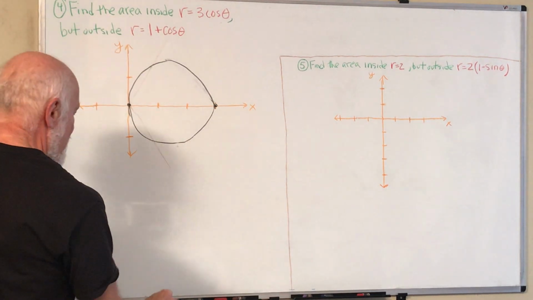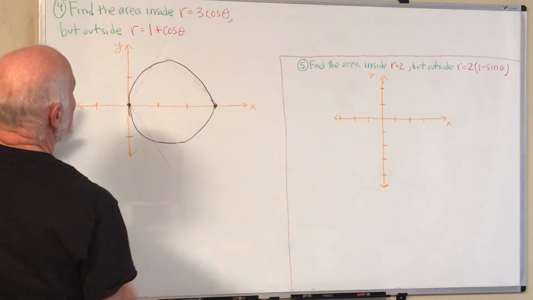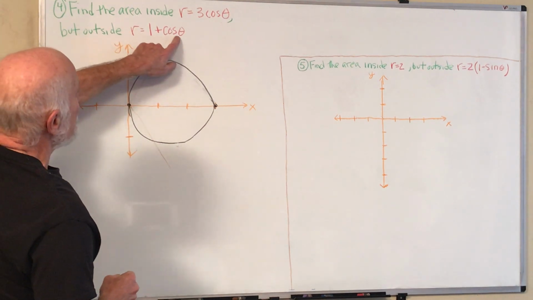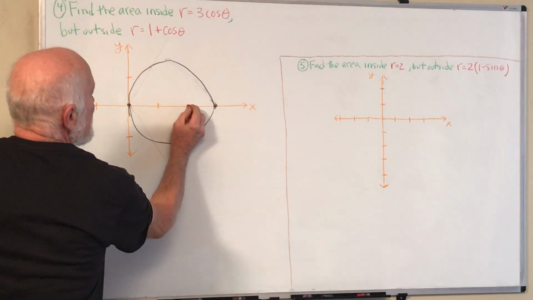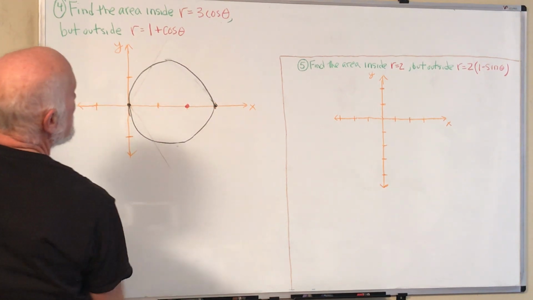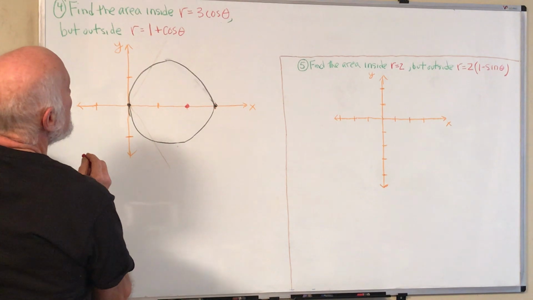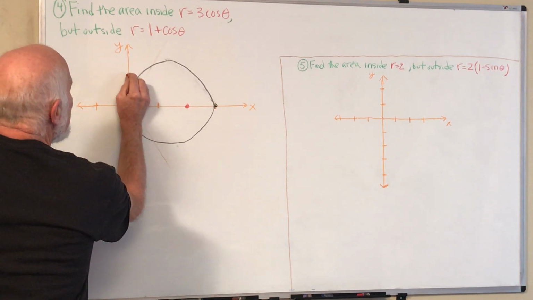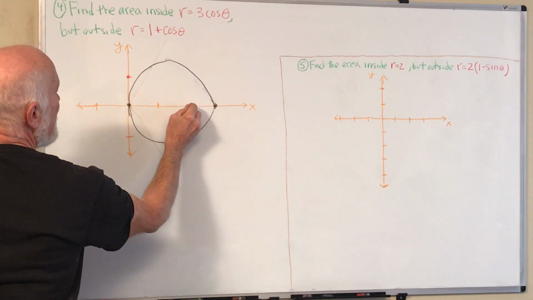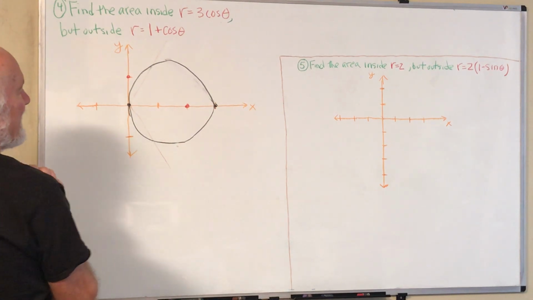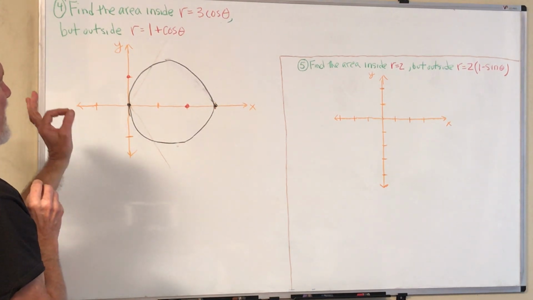Now, over here, I have something else. So when theta is 0, I get 1 plus 1 is 2. And when theta is pi over 2, I get 1. So it's really going to be important where they intersect.